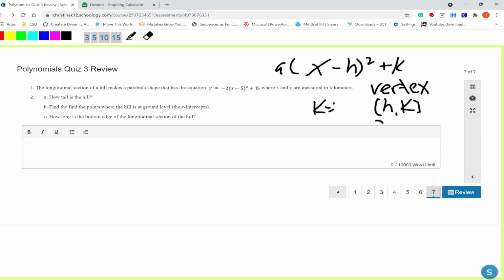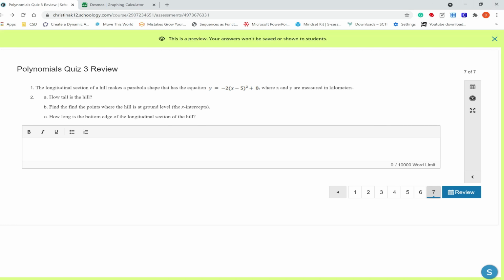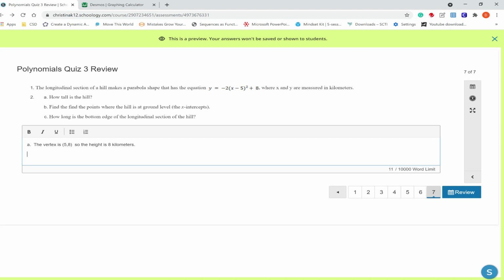So k is going to be equal to the height. So we can just say the vertex is 5 comma 8. So the height is 8 kilometers, which is the y coordinate. And we're done question part A.